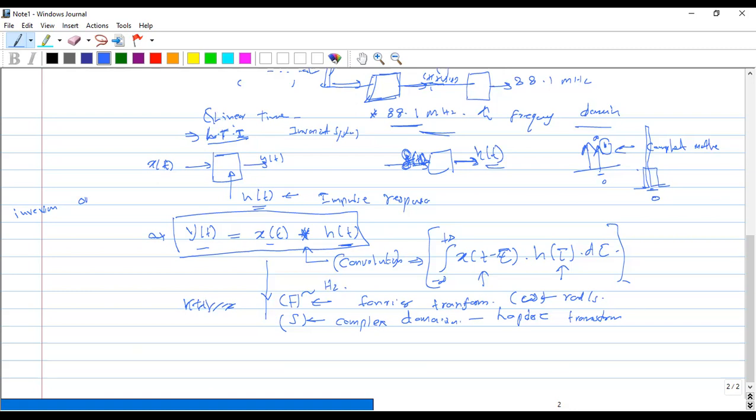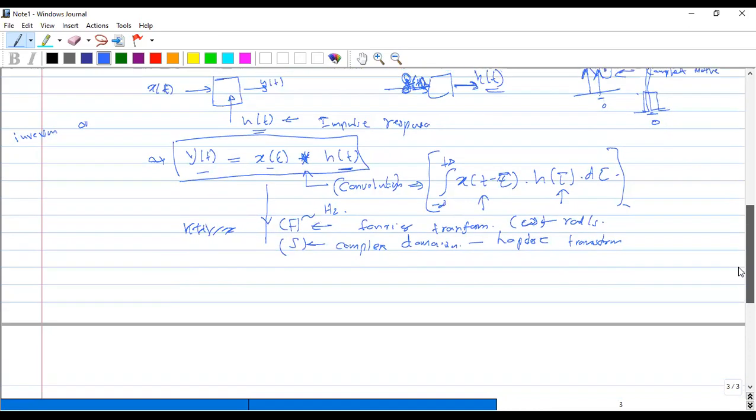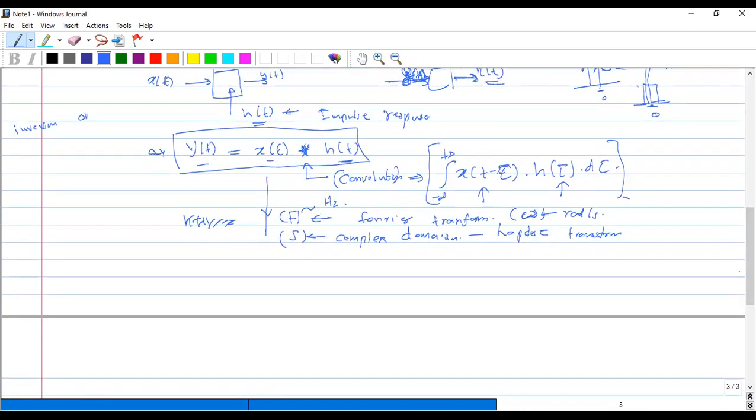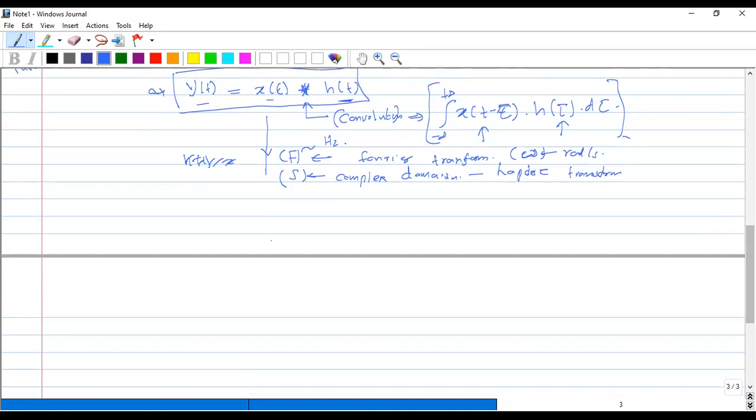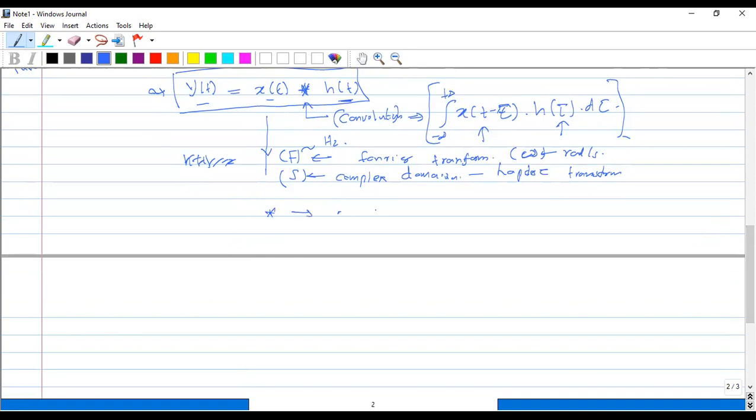If you convert this from the time domain to the frequency domain, this convolution becomes a simple multiplication. That is what we call the convolution property of the Fourier transform or Laplace transform. The property is the same for both transformations.